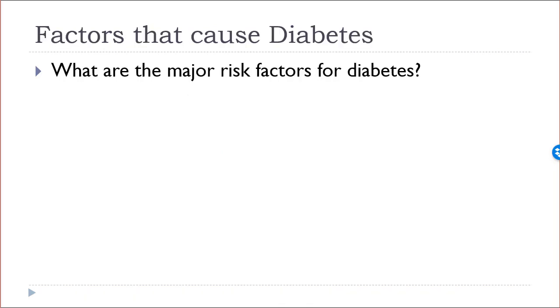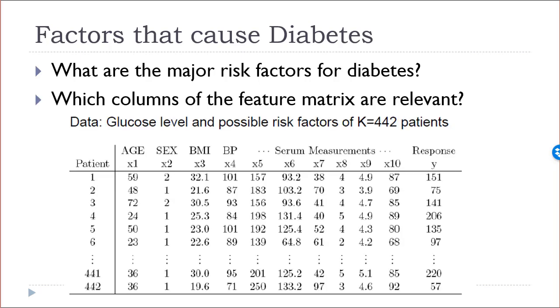To see this, consider a simple example where we want to determine the major risk factors for diabetes. For that purpose, we want to find out which columns of the feature matrix are relevant and can describe our observations. So let us say that we observe the insulin levels of these 442 patients, and we postulate that the insulin levels might be explained using a combination of factors that include the age, sex, BMI, blood pressure, and a bunch of serum measurements.